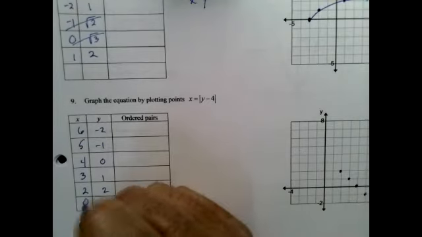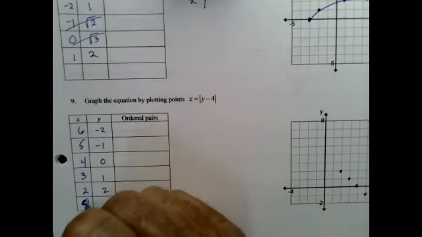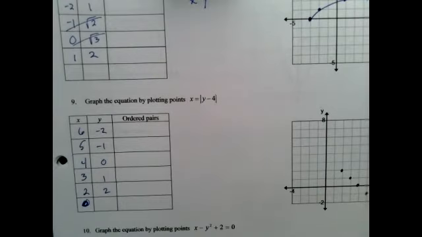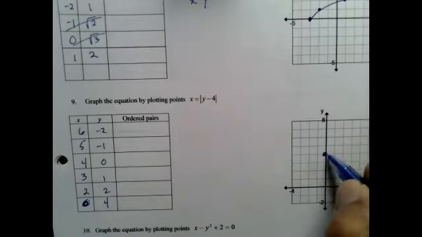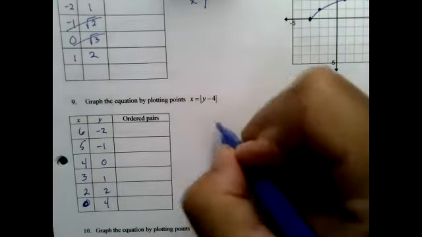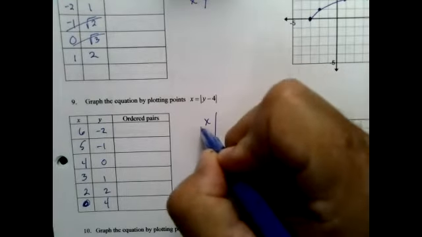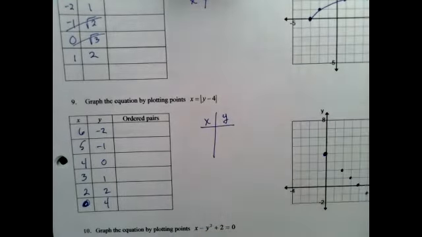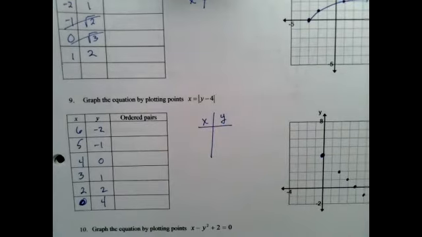I'm gonna keep going. Let's see, I'm gonna put 4 in for y. And I get 0 for x. 1, 2, 3, 4. I'm gonna go one more. So I'm gonna keep going because I know the absolute value is always going to be a V shape.